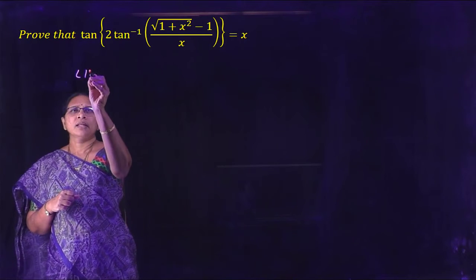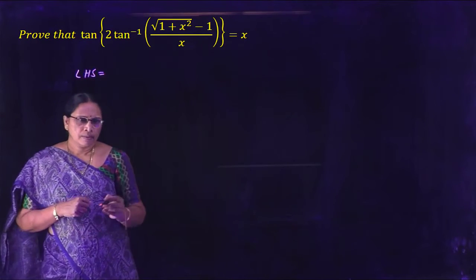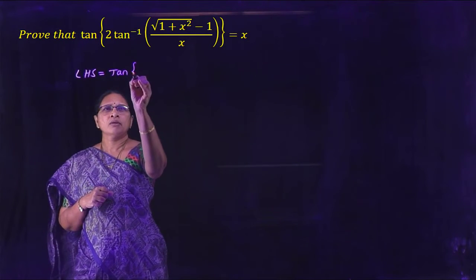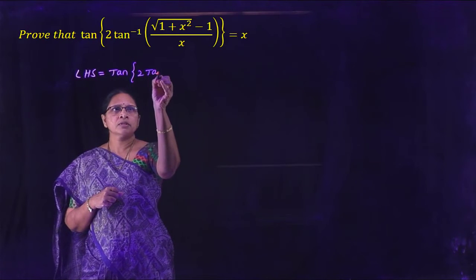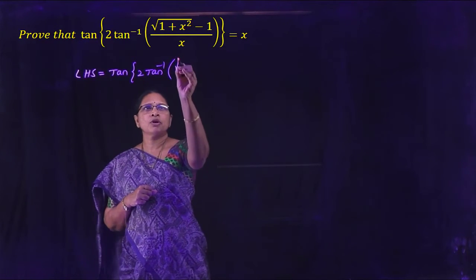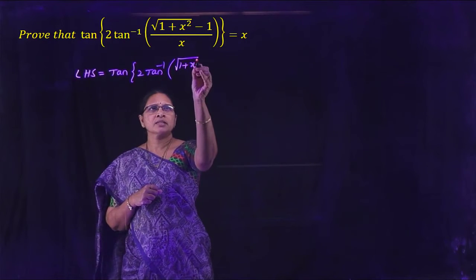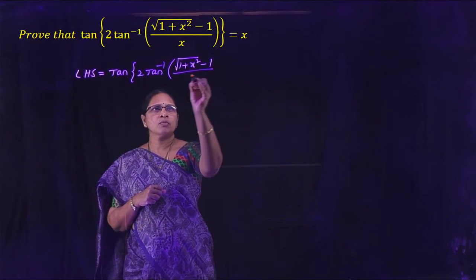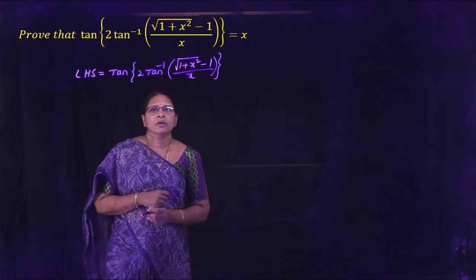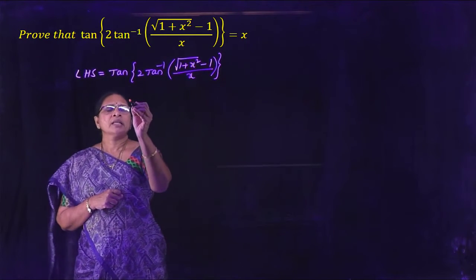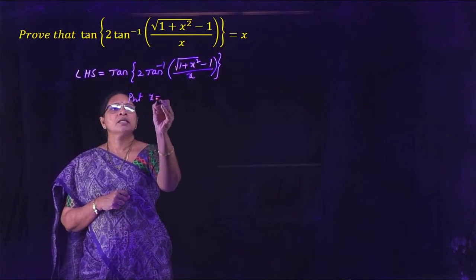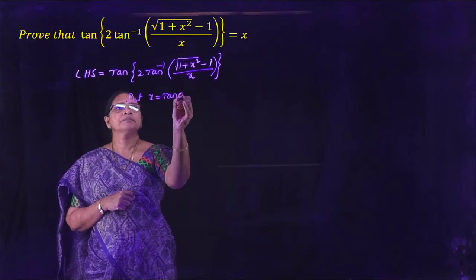Here LHS is tan of 2 tan inverse of root of 1 plus x square minus 1 whole divided by x. Here put x equal to tan theta.